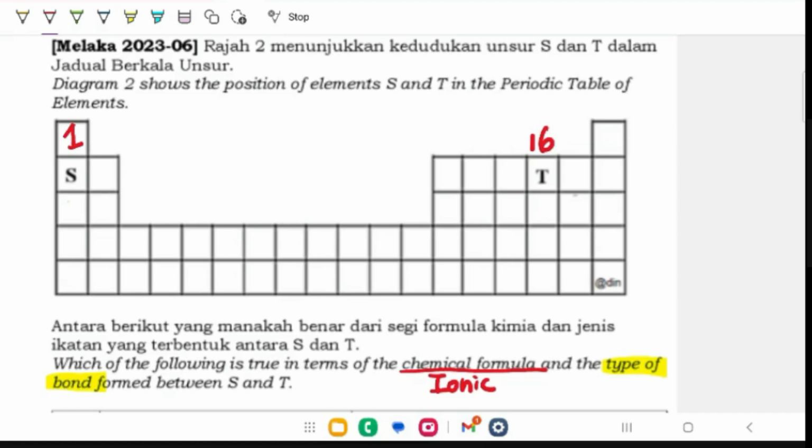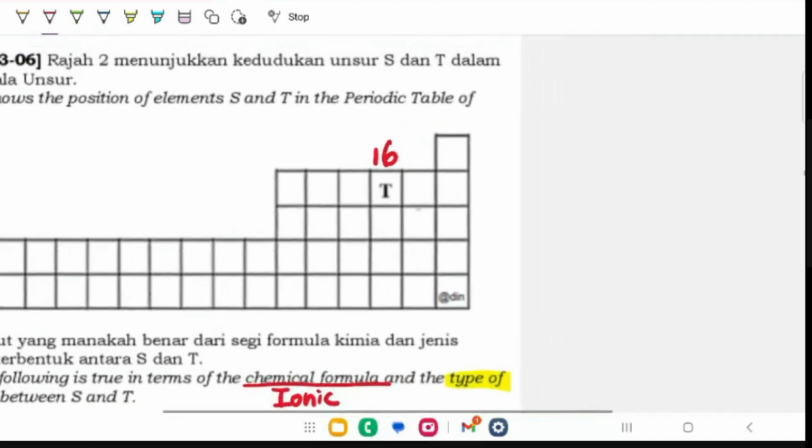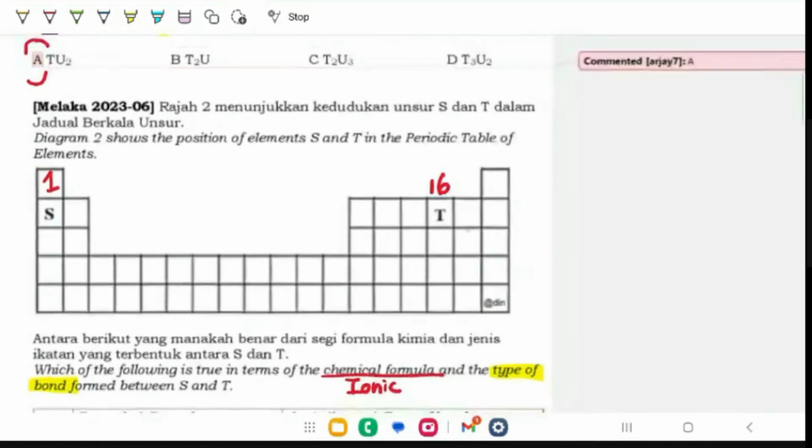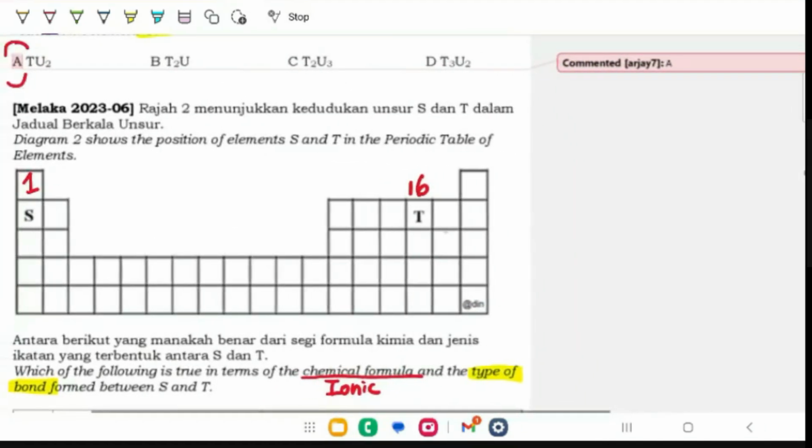S2T. S2T, yeah, correct. Because here, again, it is the same method. Can everyone get this? Okay, S is group 1, right? So it becomes 1 positive. T is group 16, 2 negative, it needs to gain 2 electrons.